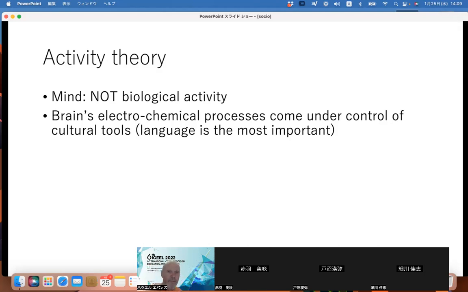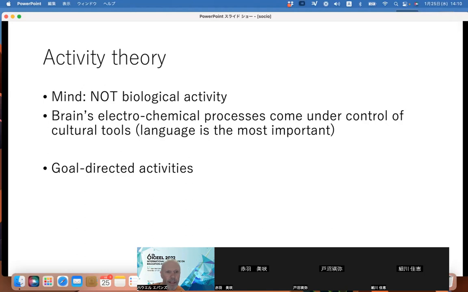The processes of the brain are being structured by tools, and language is the most important. So you've got this basic idea: language, symbolic tools, structure thinking. It allows the activity of the brain to come under control of cultural tools.